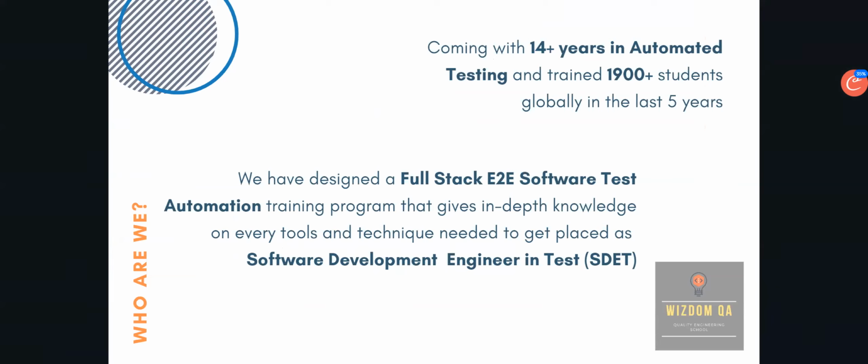I am running this company, and I have trained more than 1,900 students so far in 6 years' time. With Wisdom QA, in the last 1 to 1.5 years or so, I have graduated more than 77 people, I suppose. And out of the 77, I think 67 or 69 students, I was able to get into the test automation field.